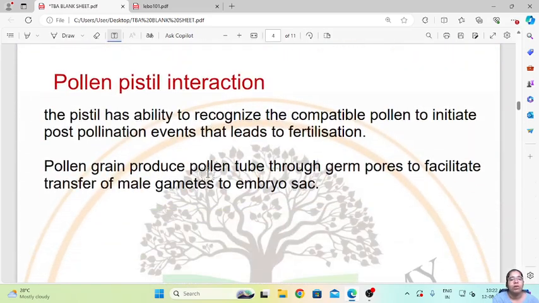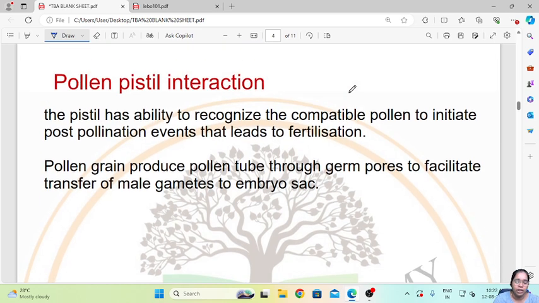Now let us see what will happen after the pollen grain comes and gets settled on the stigma. So the pistil has the ability to recognize. So this interaction between the pollen and the pistil is called pollen-pistil interaction. So what happens over here now?